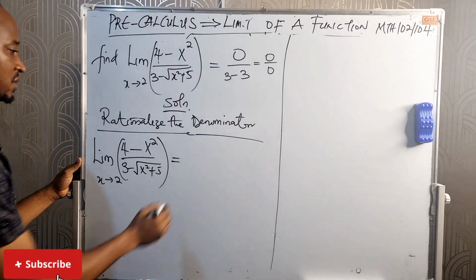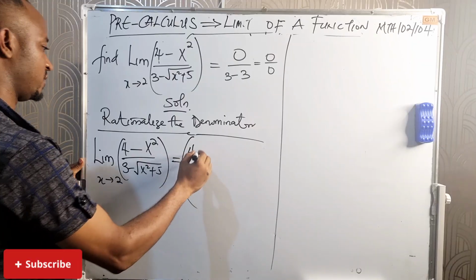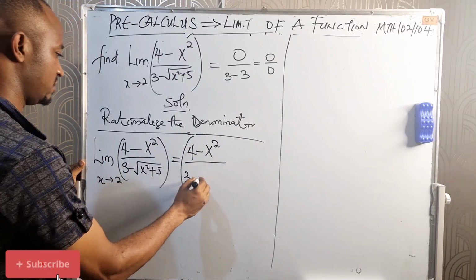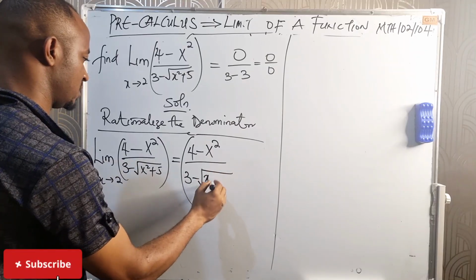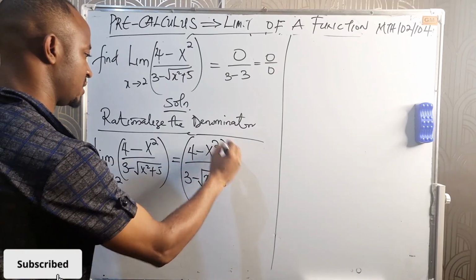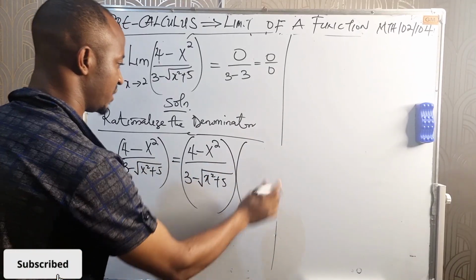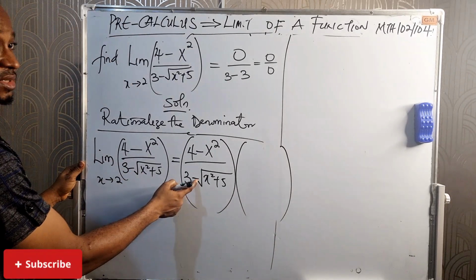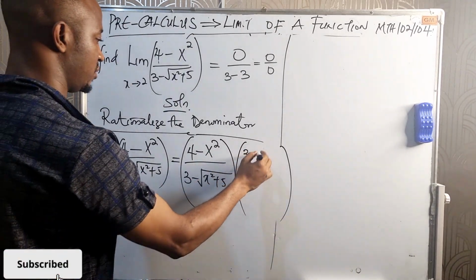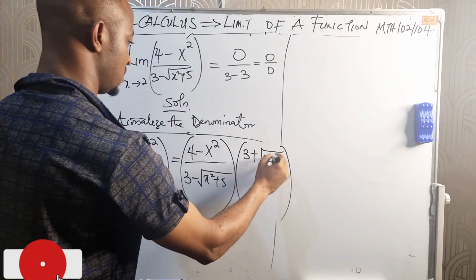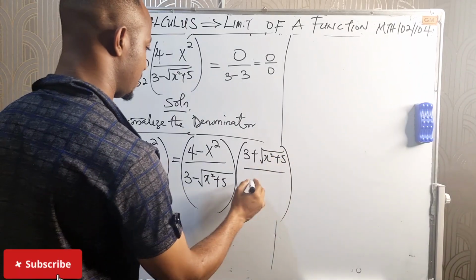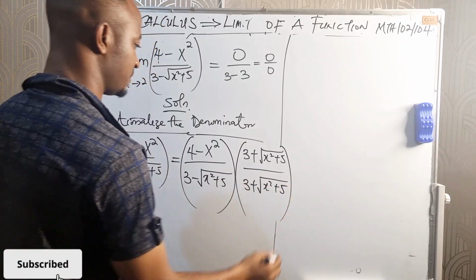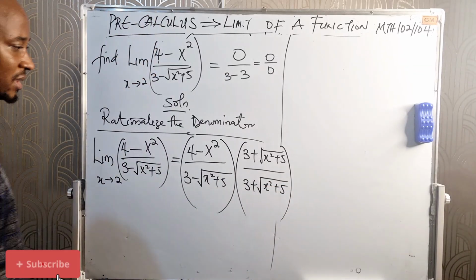If I'm rationalizing, I multiply by the conjugate, right? The conjugate of the denominator will be plus, right? Here will be (3 plus root of x squared plus 5) over (3 plus root of x squared plus 5). Are we there? So that will be the result.